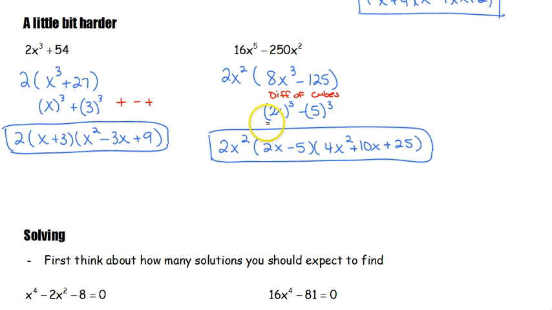Your a term is the 2x. Your b term is the 5. So you plug that into your difference of cubes formula. Don't forget the GCF out front, and don't forget the pattern is minus, plus, plus for the difference of cubes. So make sure that your answer matches exactly to mine.